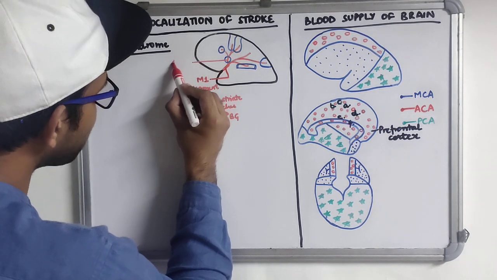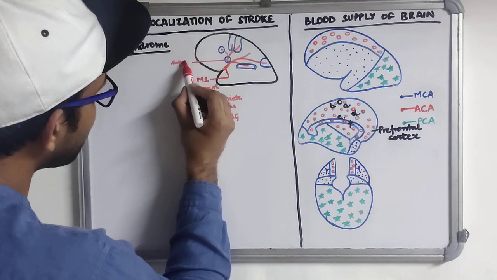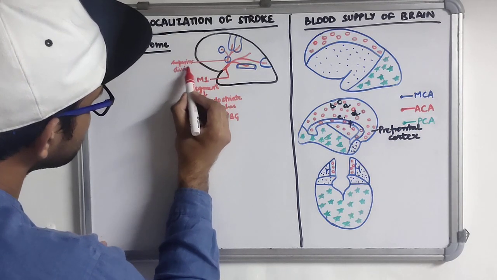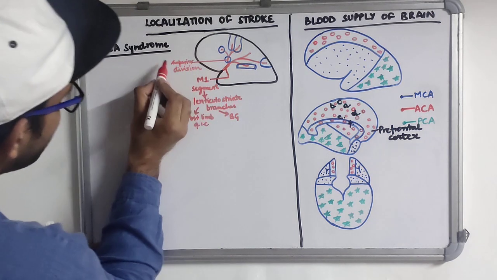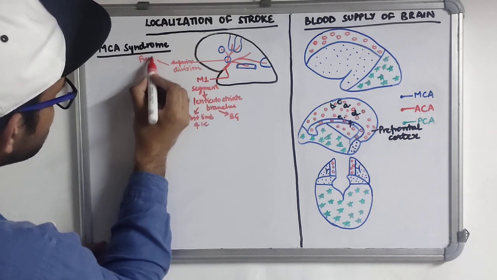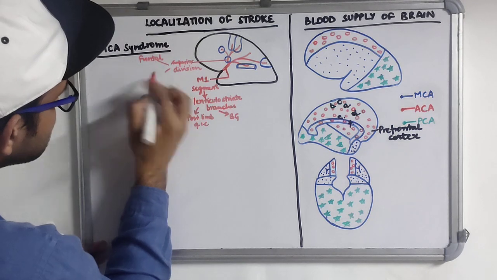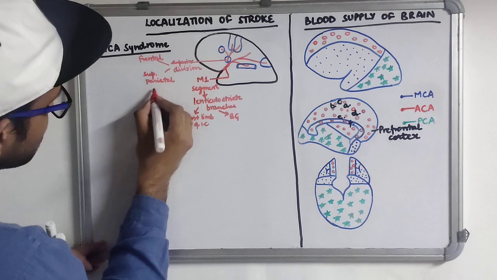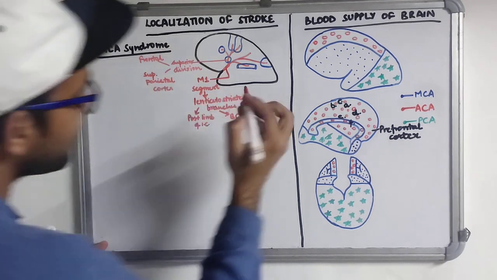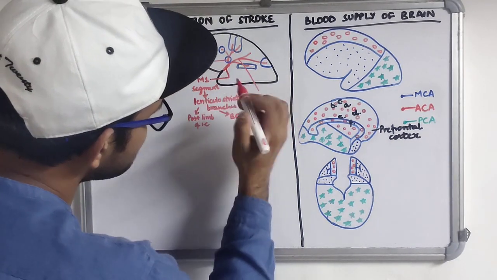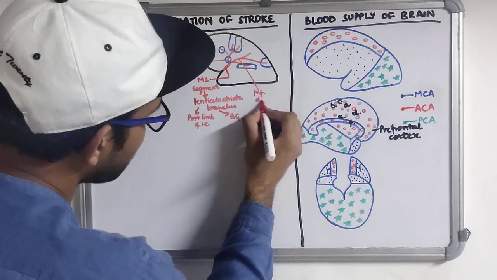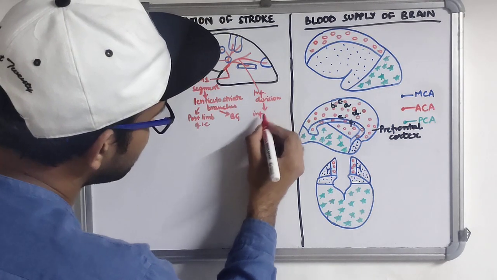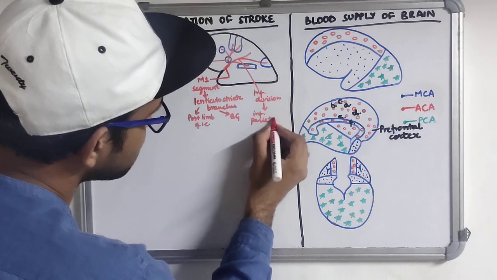The superior division primarily supplies the frontal and superior parietal cortex, while the inferior division supplies the inferior parietal and temporal cortex.